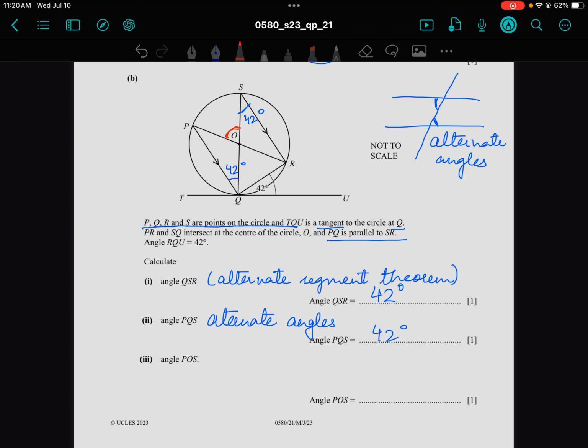So if this angle is 42 degrees, angle at the center will be twice of this angle. So POS will be twice 42, which is equal to 84 degrees. Why? Angle at center is twice angle at circumference.